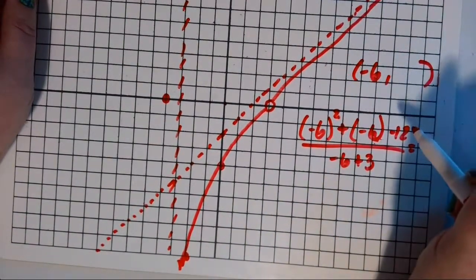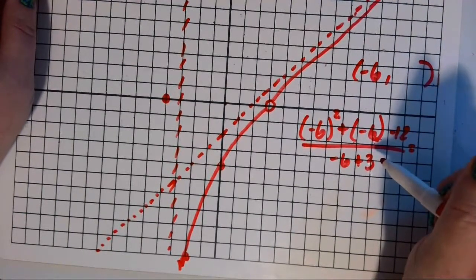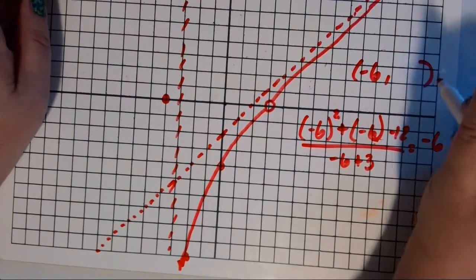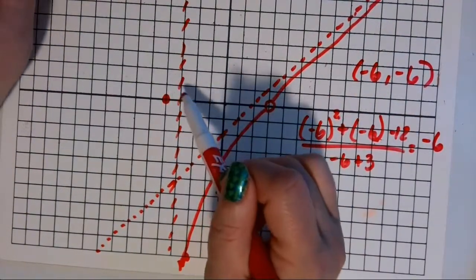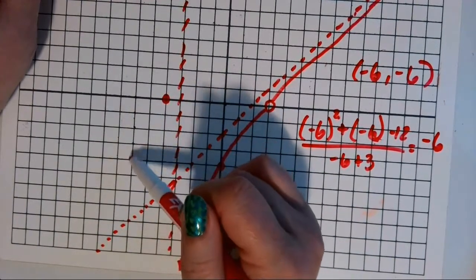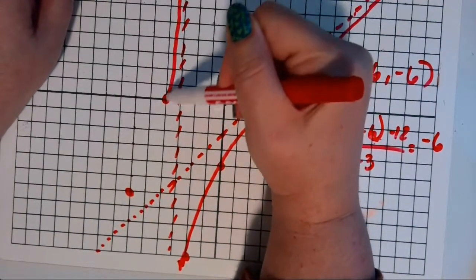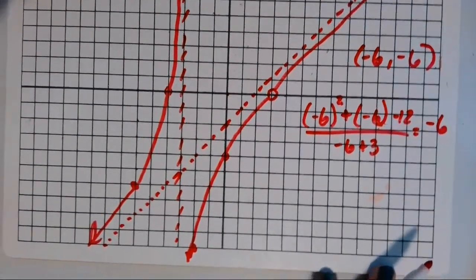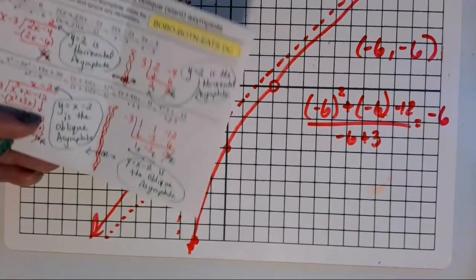And that'd be 36, minus 6 is 30, minus 12, and then divided by negative 3 is negative 6. So (-6, -6) is on the graph. So this was negative 4, negative 5, negative 6. And then down 1, 2, 3, 4, 5, 6. Okay, and then we follow along the asymptote, bend through those guide points, and that would be a sketch of the rational function for problem B.